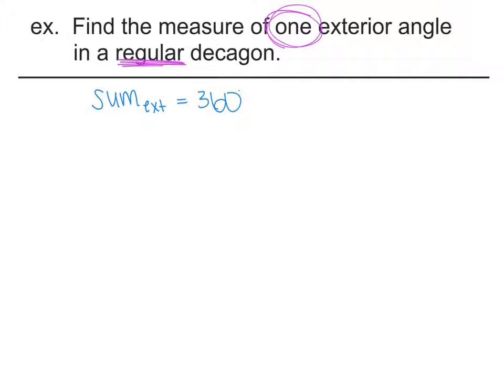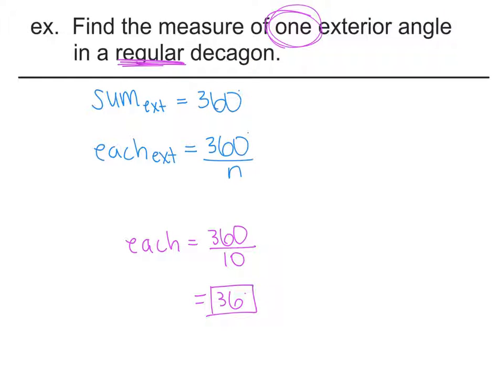The sum of the exterior angles is always 360. But I don't want the sum. I want to know one angle. So what do I have to do? I have to take my sum and divide it by how many angles I've got. So the sum of my exterior angles is 360 divided by 10. And I get that each exterior angle in a regular decagon, regular is the key, is 36 degrees.